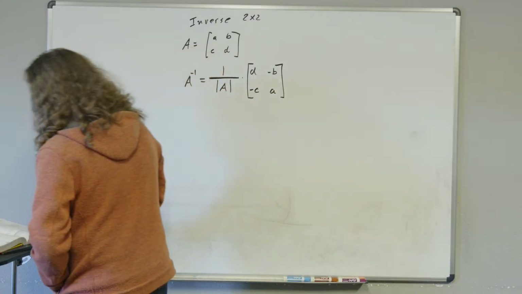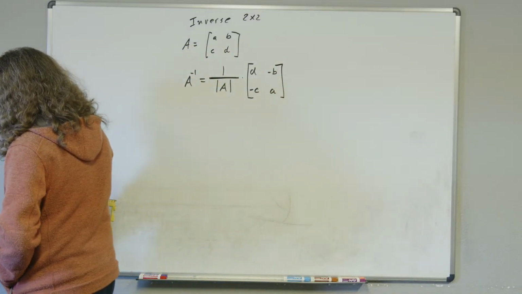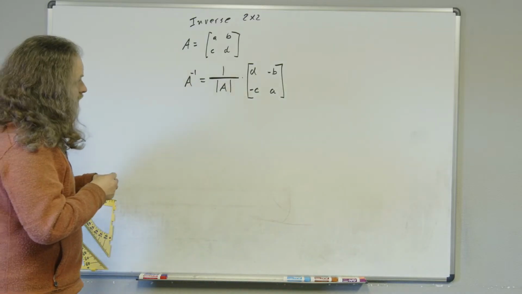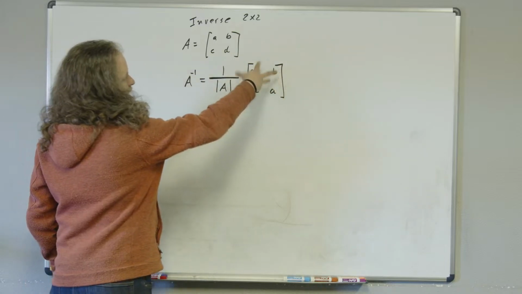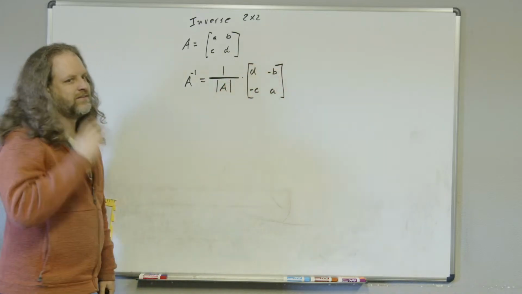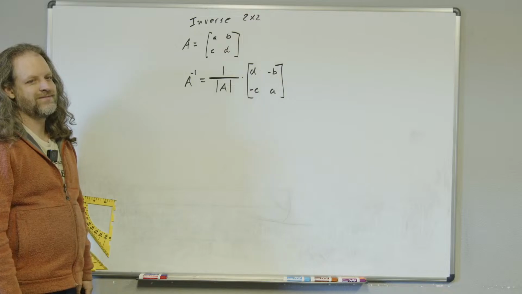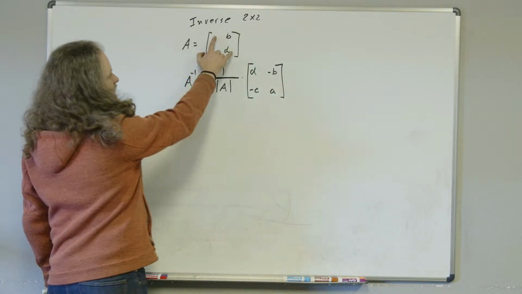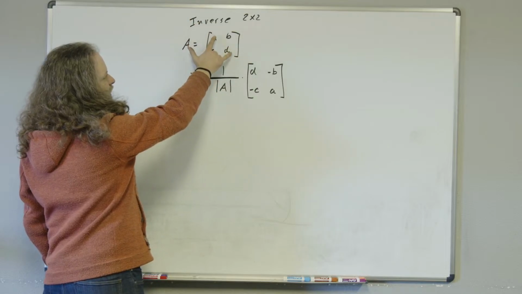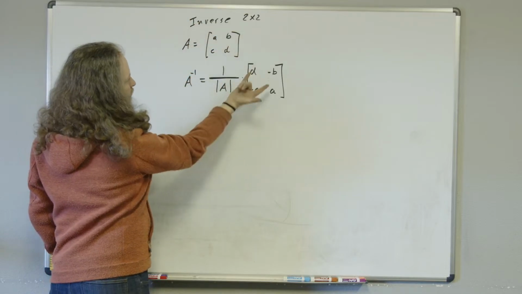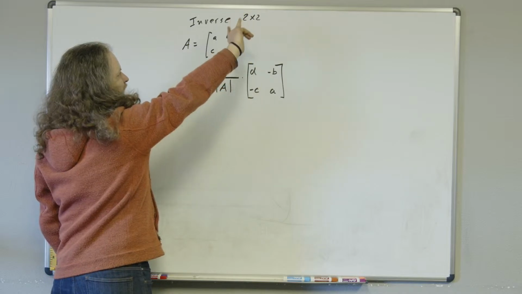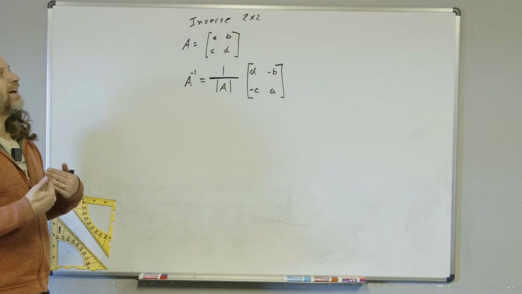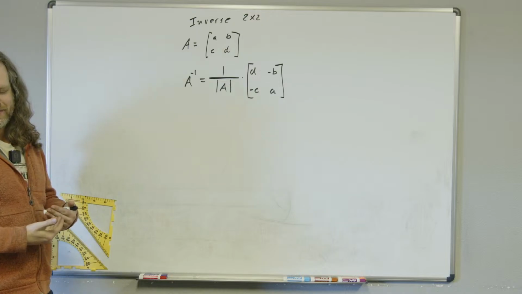Okay, so let's take these two puzzle pieces at a time. First puzzle piece, what is this? You take this downward diagonal and you flip them, and the upward diagonal, you just change the signs, right? So how do we find the determinant of a 2 by 2 matrix? Does anyone remember?